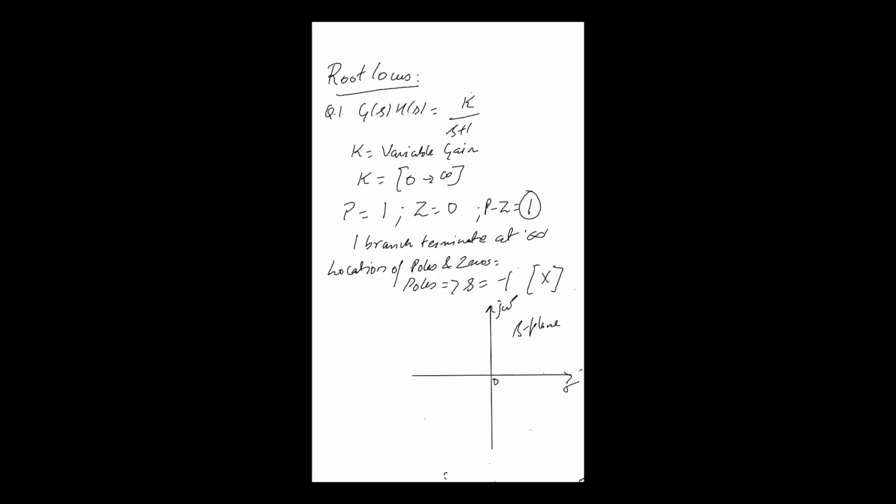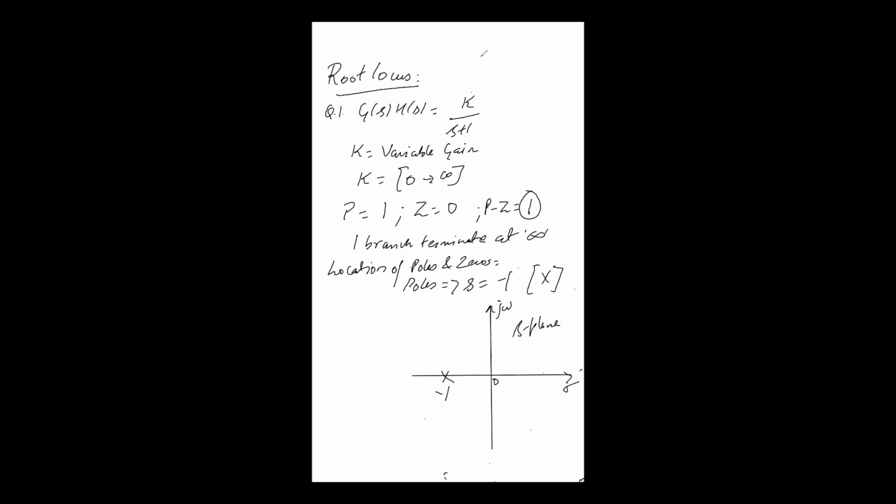So you have to assume that the x-axis is your real axis and the y-axis is your imaginary axis. In this open loop transfer function, the pole is present at s equal to -1. Let us suppose this is my point, and the -1 point is here. So there is a pole at s equal to -1.